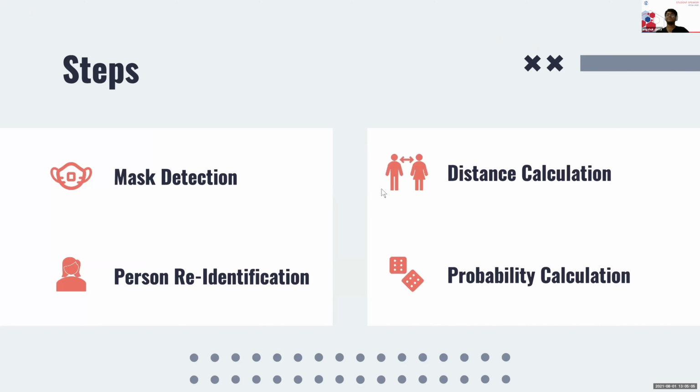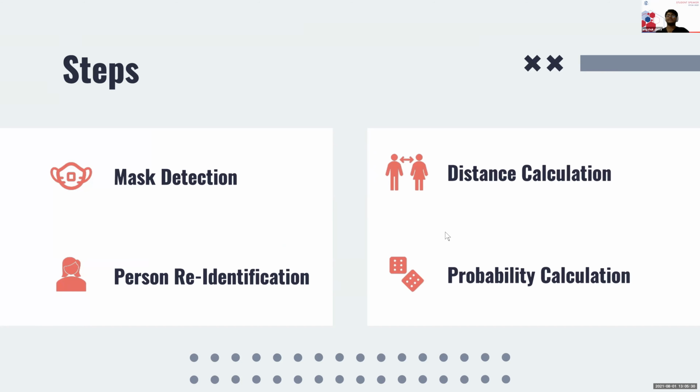So the problem which Spriha mentioned, I will now break down into smaller subproblems, in the form of steps. So our first step is mask detection, where we aim to infer whether a person is wearing a mask or not from the frame that we obtain from the CCTV footage. The second step is person re-identification, where we infer whether the same person appears in different frames from a CCTV footage.